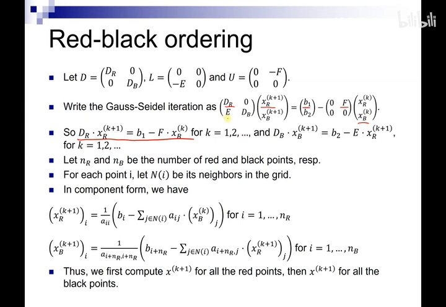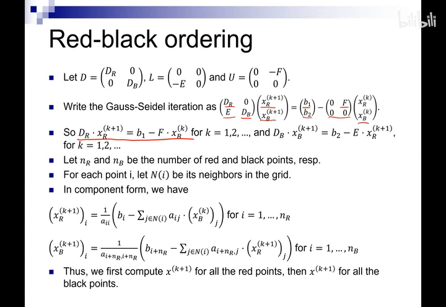So here, if you multiply the second row, right, you have E times x_r of k plus 1, plus D times the black points for iteration k plus 1 equals this b2 here minus, well, nothing. Okay, and if you rearrange this, you get this expression over here. Okay, and so this holds for all the k, right?